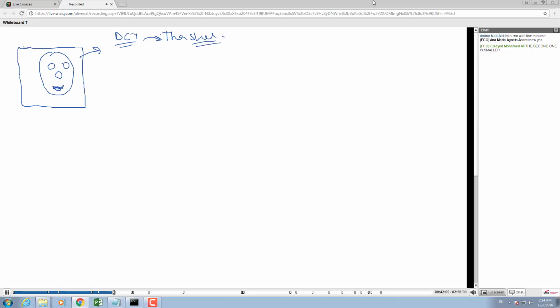The problem is that if you take any image, this is an image, and you apply the DCT, and after this you apply, of course, the thresholding to keep only low frequencies, and after this you use the IDCT to reconstruct the image.